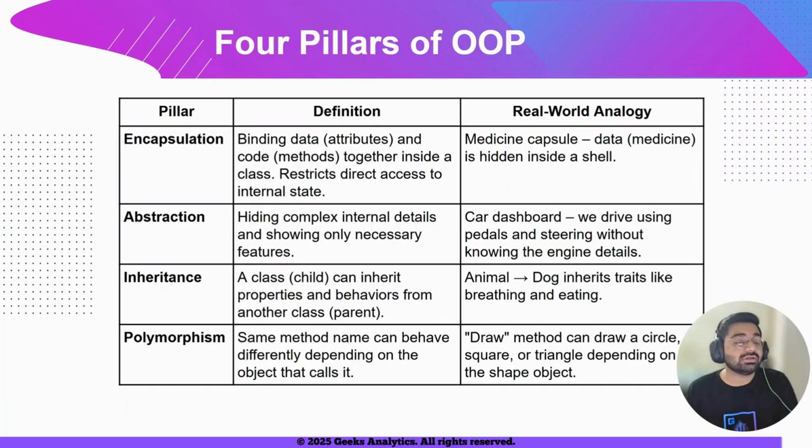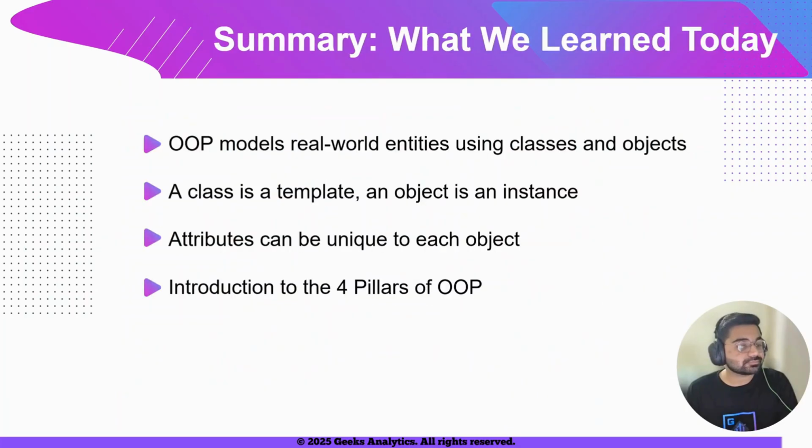It won't draw a rectangle. And if the user passed different values for length and width, the rectangle will be created. So that's how the function name is the same, but it can behave differently depending upon the user input and the context. We will explore each of these in detail in the upcoming sessions.